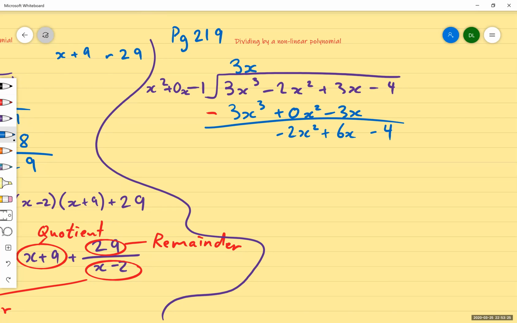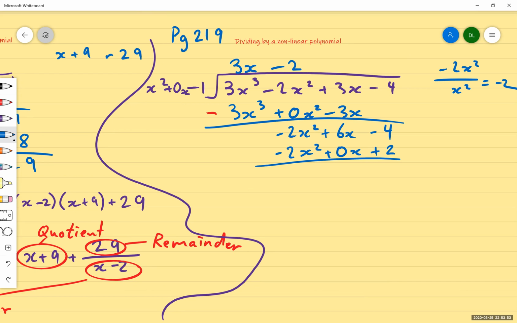The question becomes, what am I multiplying x squared by to get to negative 2x squared? Or in other words, what's negative 2x squared divided by x squared? Well, that obviously gives me negative 2. So I write minus 2. What's negative 2 times 0x? Let's just write plus 0x. And then negative 2 times minus 1 gives me positive 2.